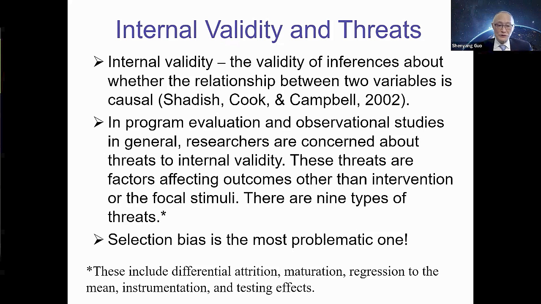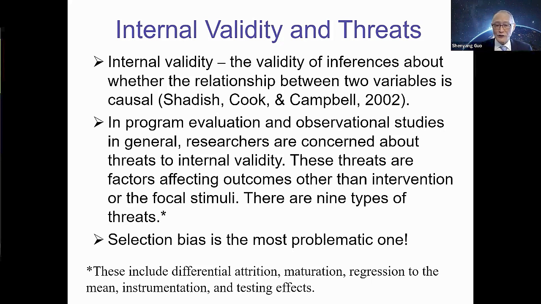So the crucial task here is to control for selection biases, to control for many other variables that affect cause and effect. We call a study that controls for many selection biases a study that has higher internal validity. Internal validity refers to the extent to which the relationship researchers draw is causal.